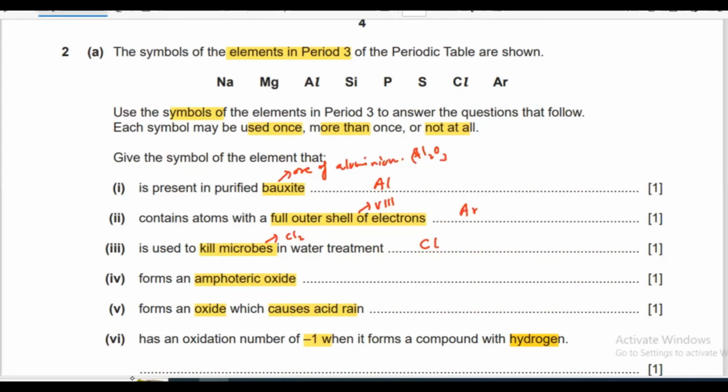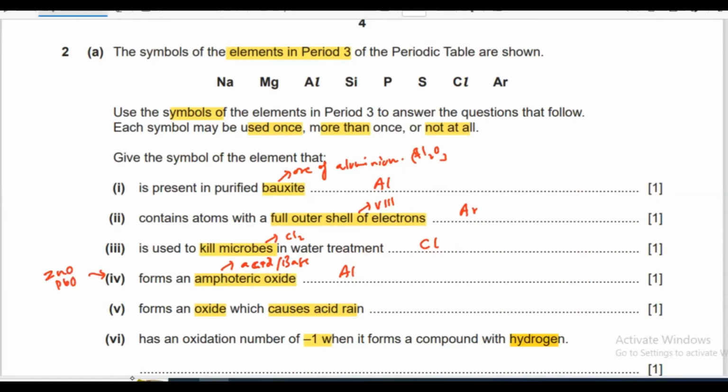Form an amphoteric oxide. An amphoteric oxide has the properties of both acid and base, so aluminium oxide is the amphoteric oxide. There are some other amphoteric oxides as well, although they are not in period 3, but zinc oxide and lead oxide are also amphoteric oxides.